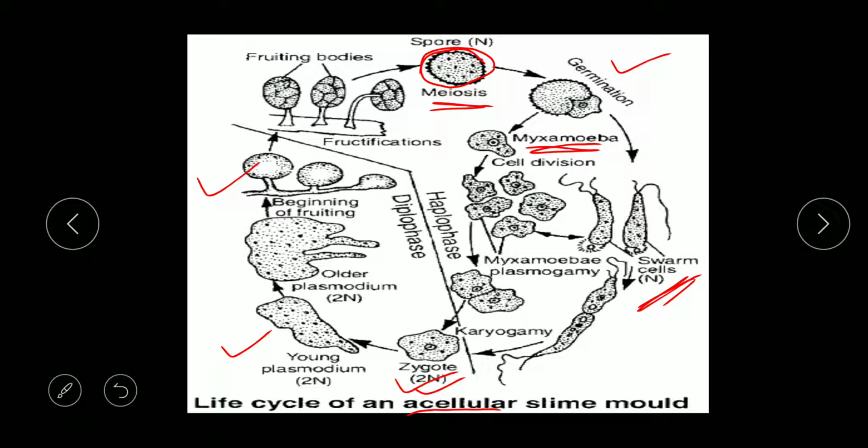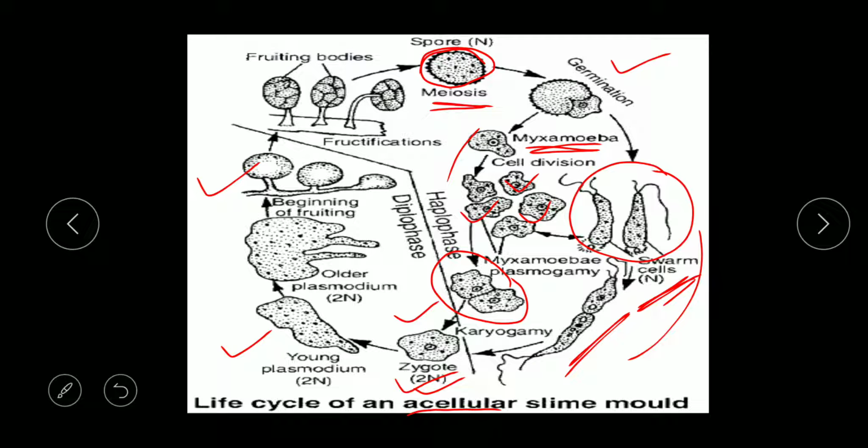Now, after this, what will happen? There are several myxamoebae. Either the myxamoebae fuse and form a zygote, or the flagellated swarm cells fuse like this and form a zygote. So either this can happen or that.